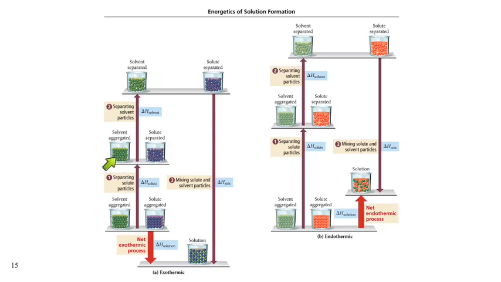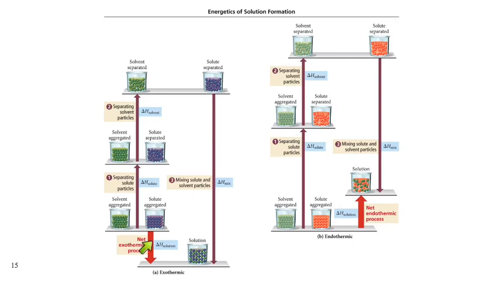To separate the solvent particles from each other, we have to put more energy in. Now we've got solvent and solute particles separated, and then when we mix them, they come together. That's going to release energy. This is not what happens when we form a solution, but it's how we can think of it in terms of what energy changes are happening.